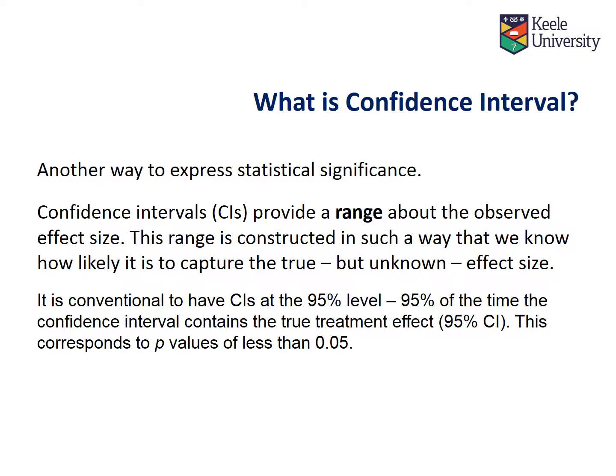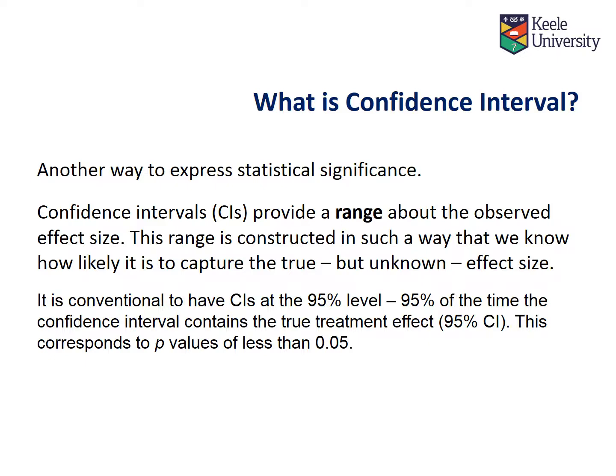It's conventional that the confidence interval is set at 95%. Where is this coming from? Remember, the p-value is 0.05, and this confidence interval of 95% is the complement to it, meaning 95% of the time the confidence interval contains the true treatment effect.